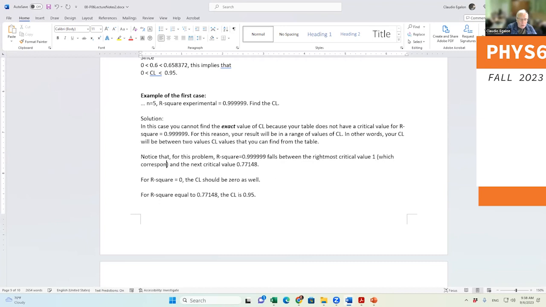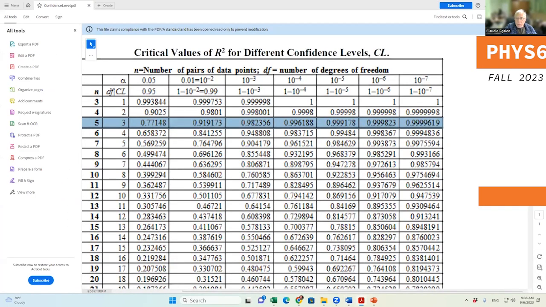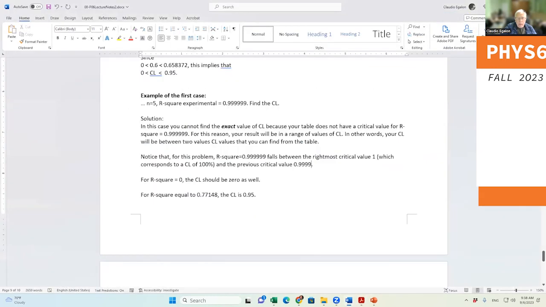Which corresponds to a CL of 100%, and the previous critical value of 0.1234, 1234, 619, 619. Okay.